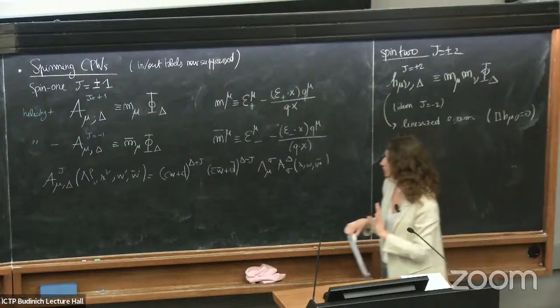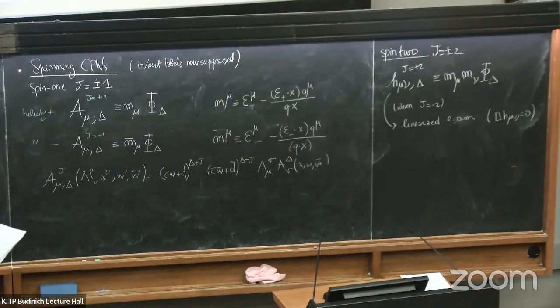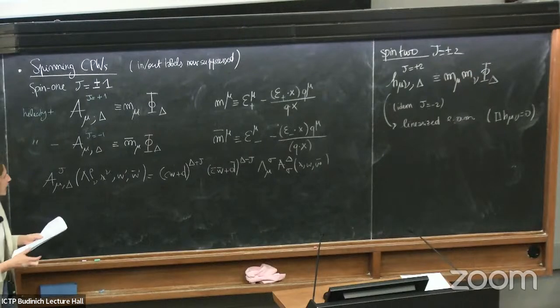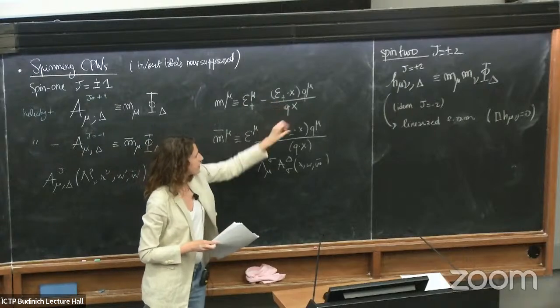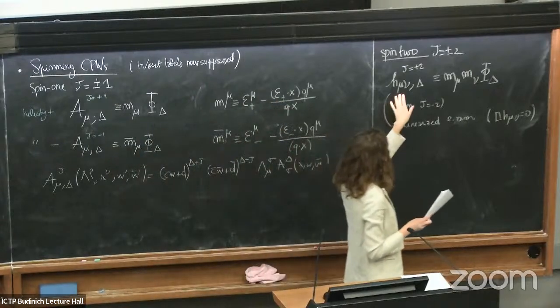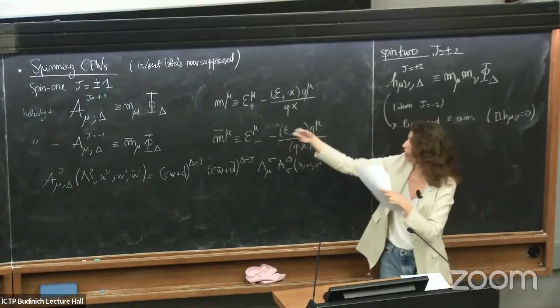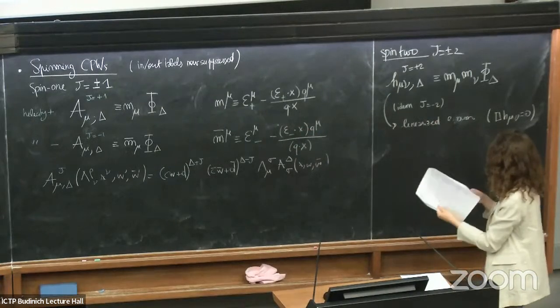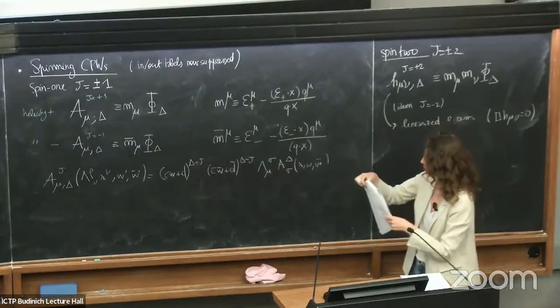So just to finish, an important thing is that to have this nice transformation, you have to add this piece, which will make this object not equivalent to just the polarization tensor times the scalar primary, but they will actually be gauge equivalent to that.